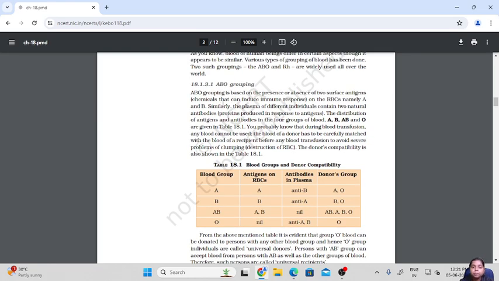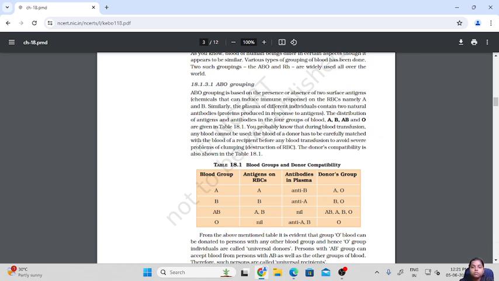ABO grouping is based on the presence or absence of two surface antigens. Antigens are the chemicals that can induce an immune response, on the RBCs, namely A and B. These are the two surface antigens.